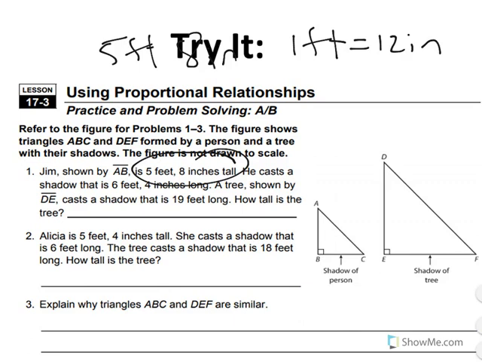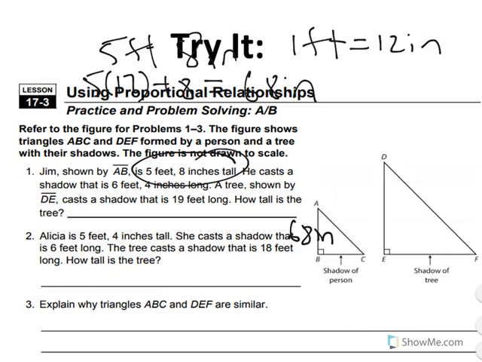So then we can do 5 times 12 plus 8. So this gives us 68 inches. So then we can label this as 68 inches.